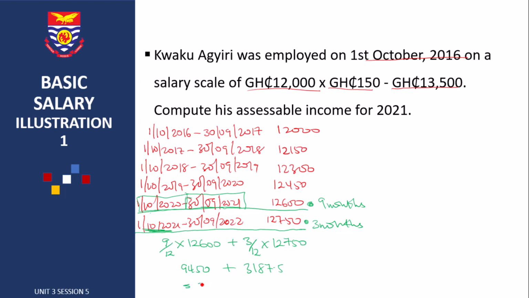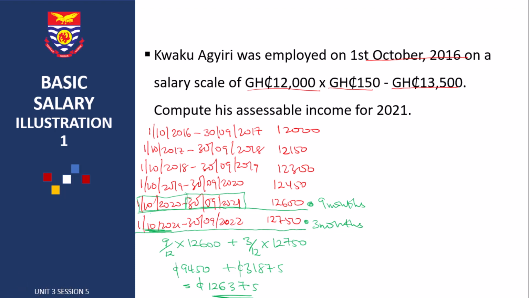When we add them together, we are going to get 12,637.5 Ghana cedis. So our 2021 assessable income is 12,637.5 Ghana cedis. Let us look at the solution again.